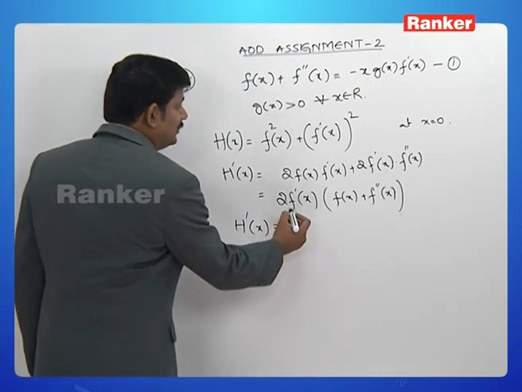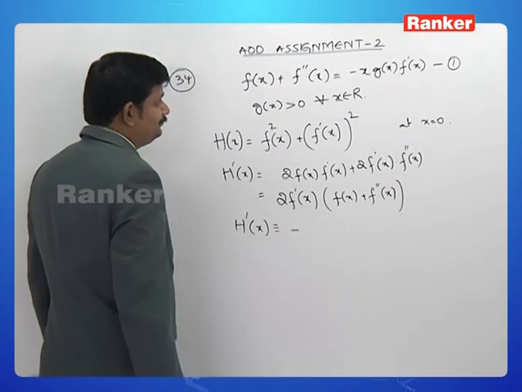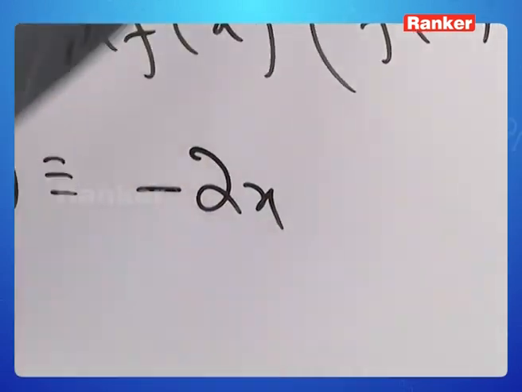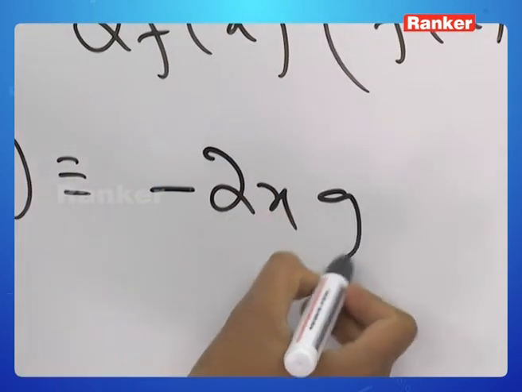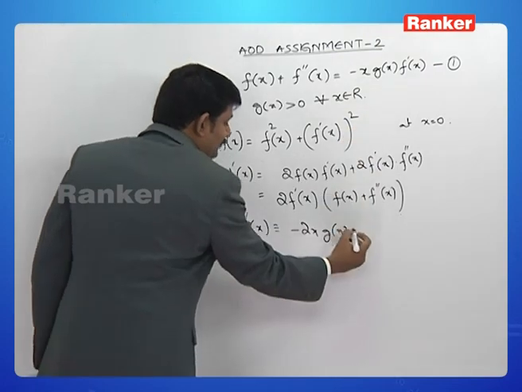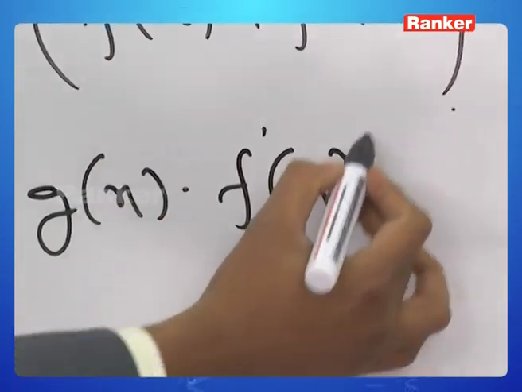So, this quantity will become minus 2 into x, g of x, into f dash of x into f dash of x, that is, f dash of x whole square.